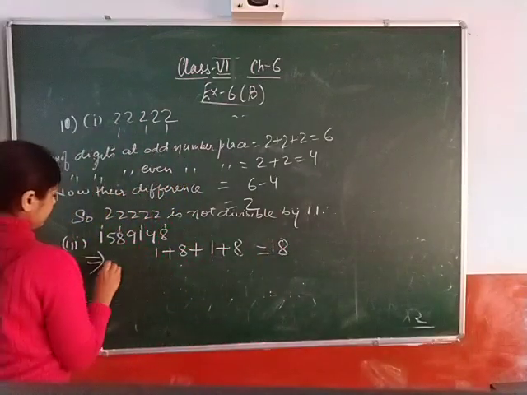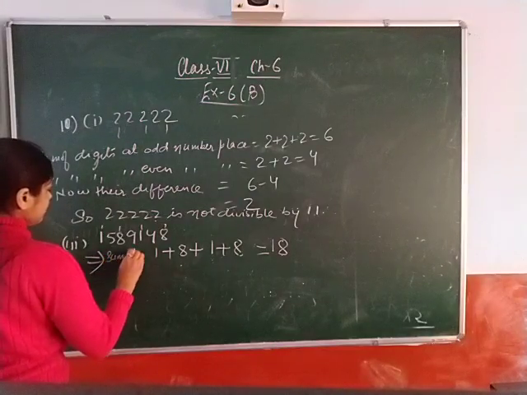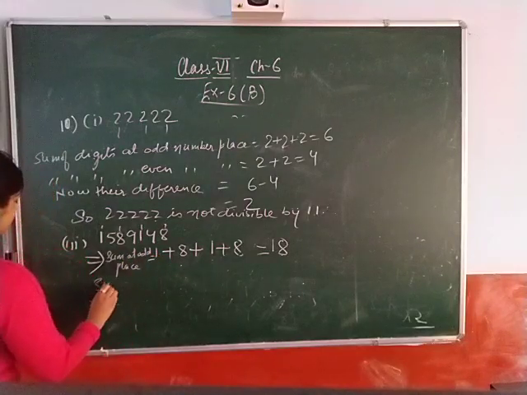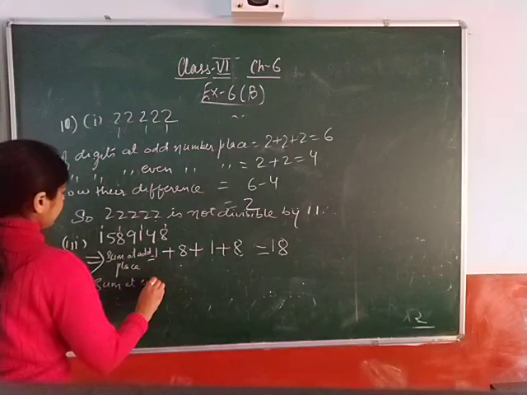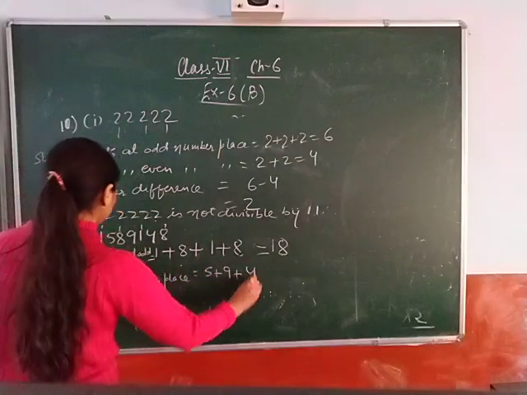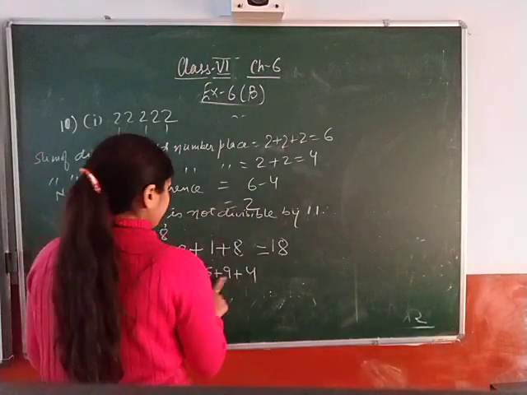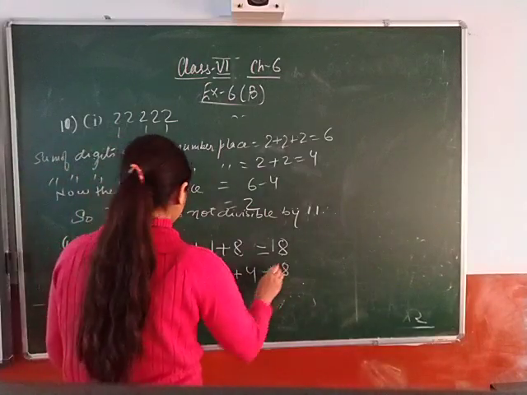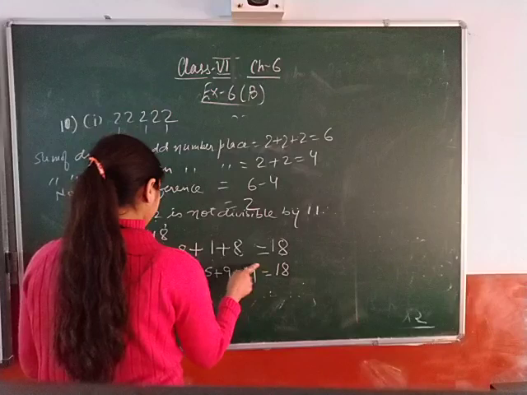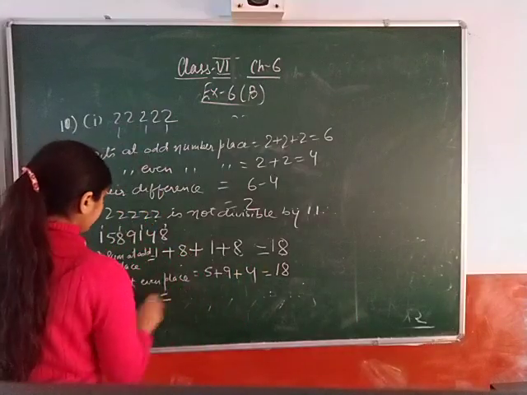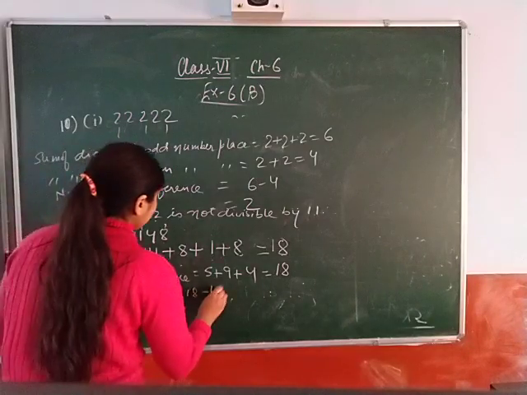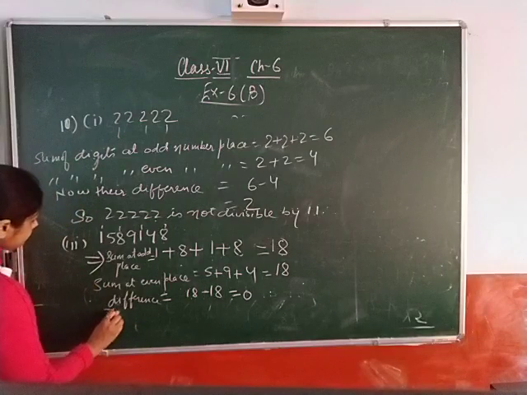Now, sum at even place: 5 plus 9 plus 4. 5 plus 4, 9, 9 plus 9, 18. Difference, what will come? 18 minus 18, 0. Thus it is divisible.